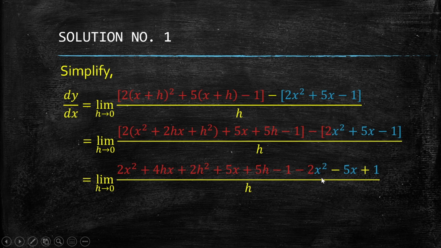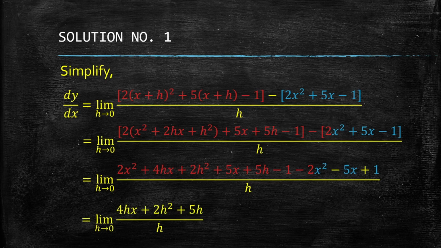So that's why we have negative 2x squared minus 5x plus 1. Then we combine. As you can see, we can cancel out 2x squared because we have positive 2x squared and negative 2x squared. We can also cancel out 5x, and we can also cancel out 1.